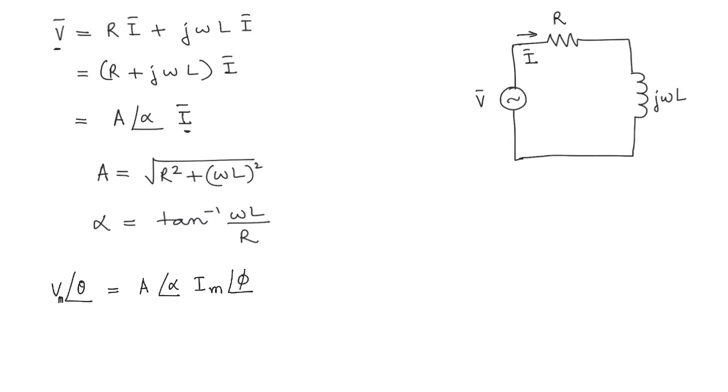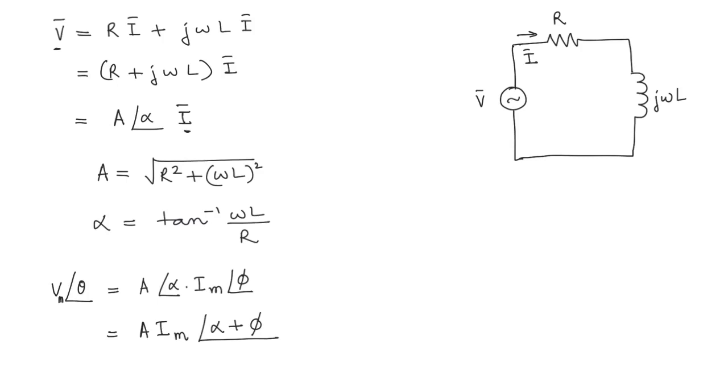Okay, so this is going to become A times Im. Now if you remember your polar arithmetic from complex numbers, when you multiply two complex numbers in their polar form, the amplitudes get multiplied and the phases get added. So we have alpha plus phi.